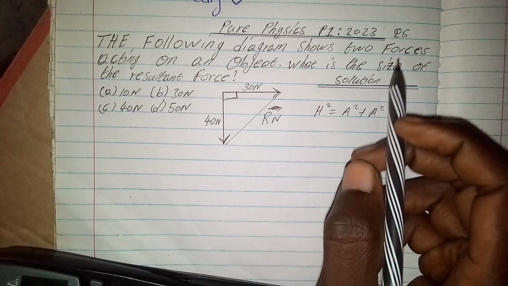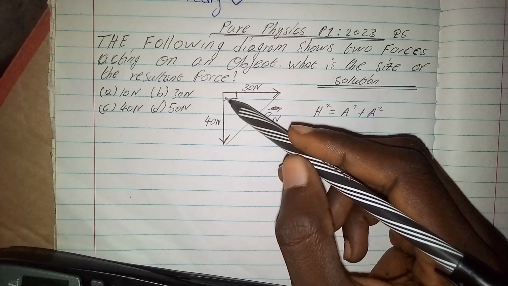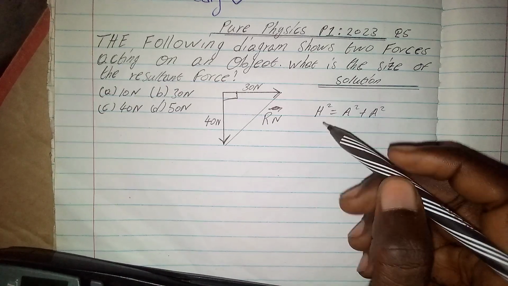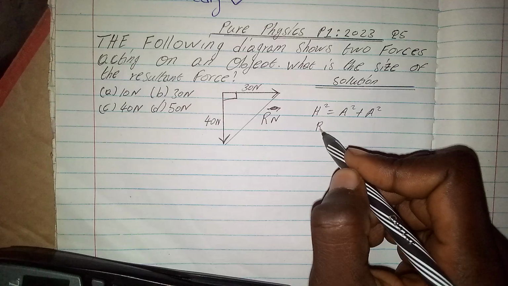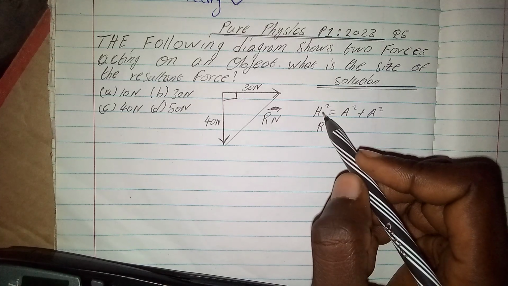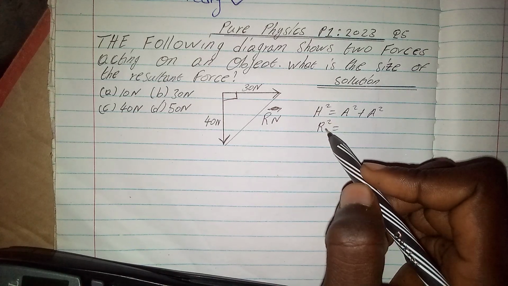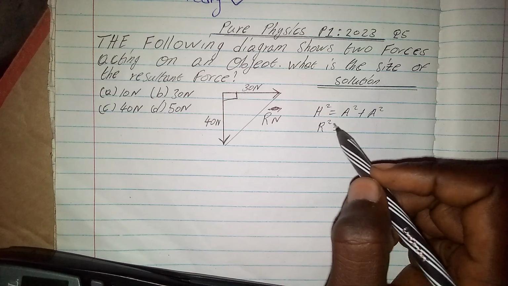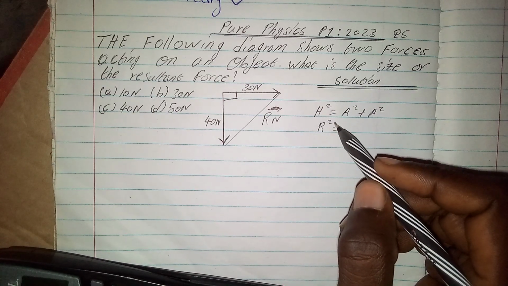Our hypotenuse is simply the side opposite the 90 degrees, which is our resultant force. So we can say r squared, because where there's h I've put r, and the power 2 still remains.